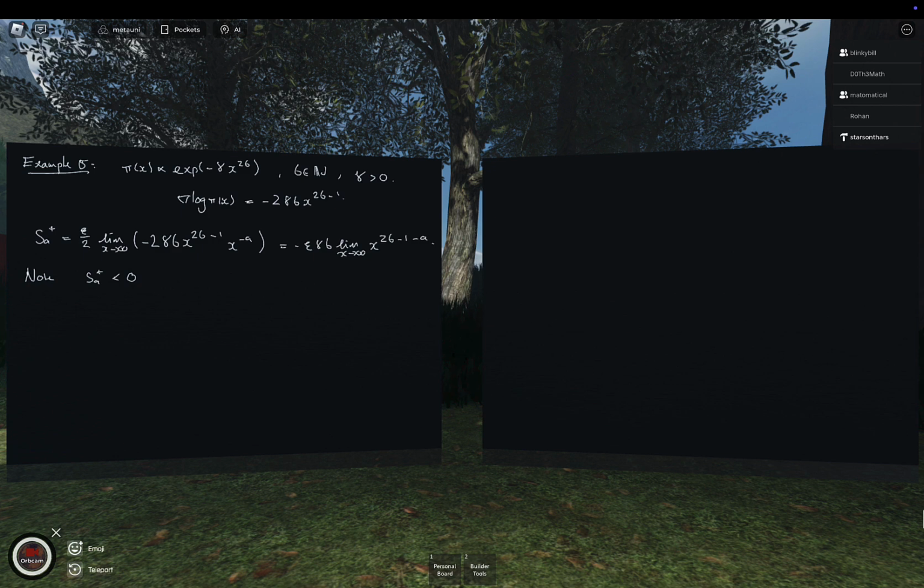Cool. So here we have that the SA plus limit is less than 0 if and only if 2b minus 1 minus a is equal to 0. Oh, there's a typo in your note, by the way. You wrote x prime is approximately x plus SA plus, but what you mean is x times SA plus, because there's that extra factor.